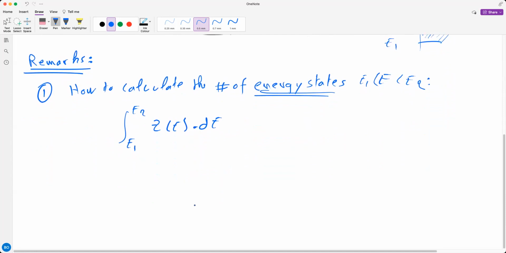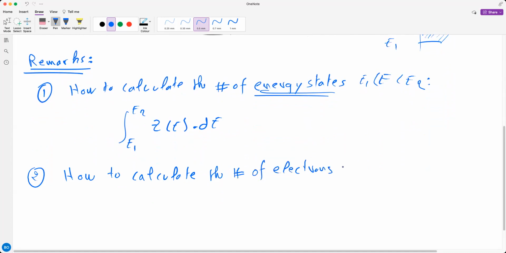Those are typical exam questions. Second thing, how do you calculate the number of electrons located between energy levels E1 and E2?